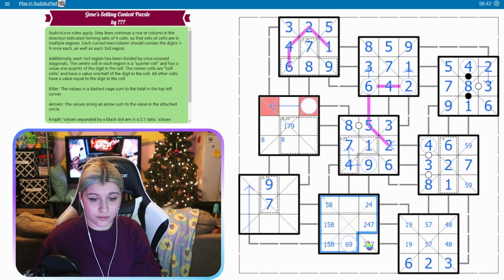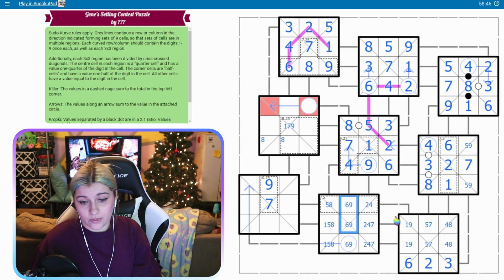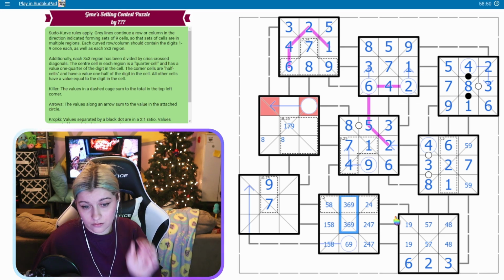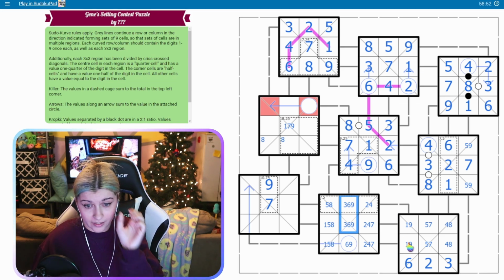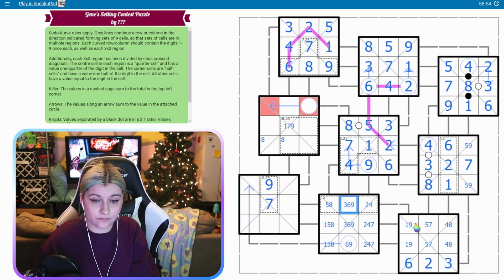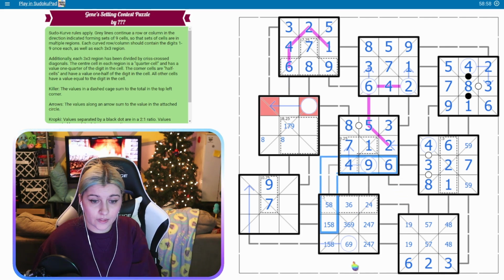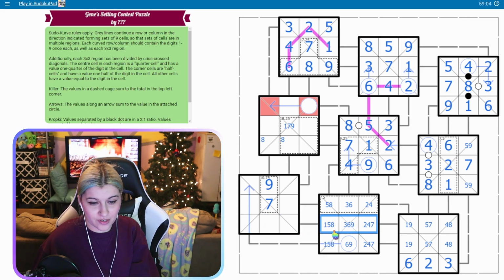This 3x3 region still needs a 6, 9, 1, 2, 3. Okay, 9 can't go here. When you look at it this way, that's like a crazy set of numbers. It's like literally anything.